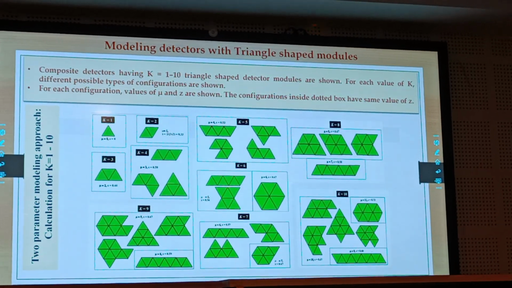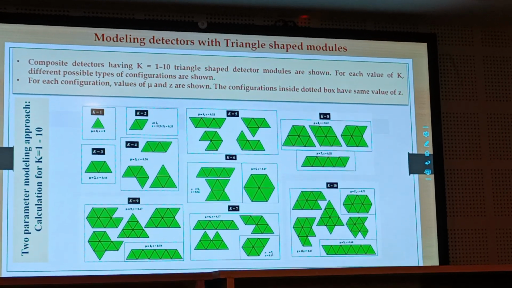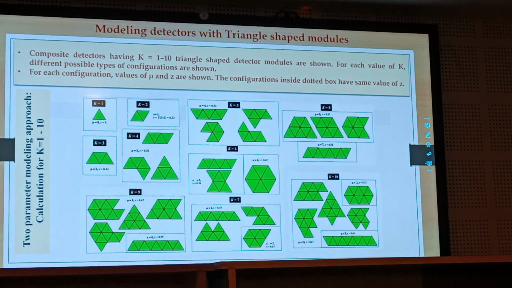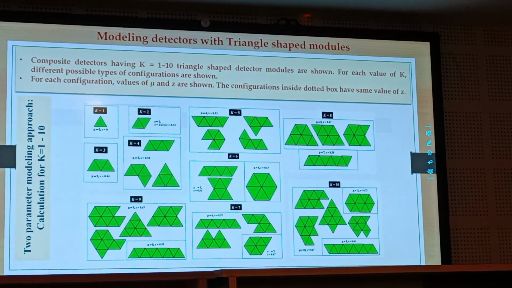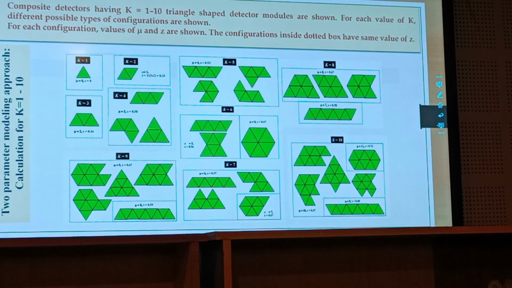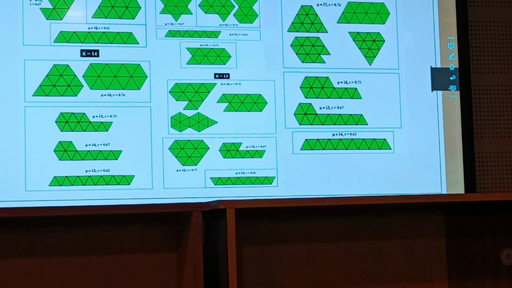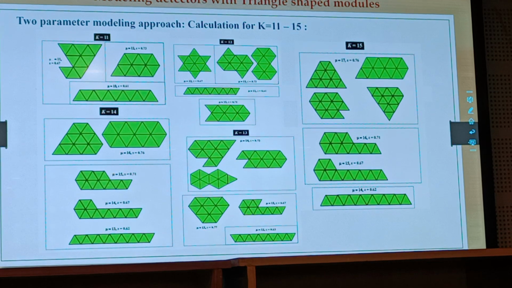For each configuration, the values of mu and z are shown in this way. The configurations inside the dotted box have the same value of z. Here we see composite detectors with k equal to 1 to 10. Next, we considered k equal to 11 to 15.